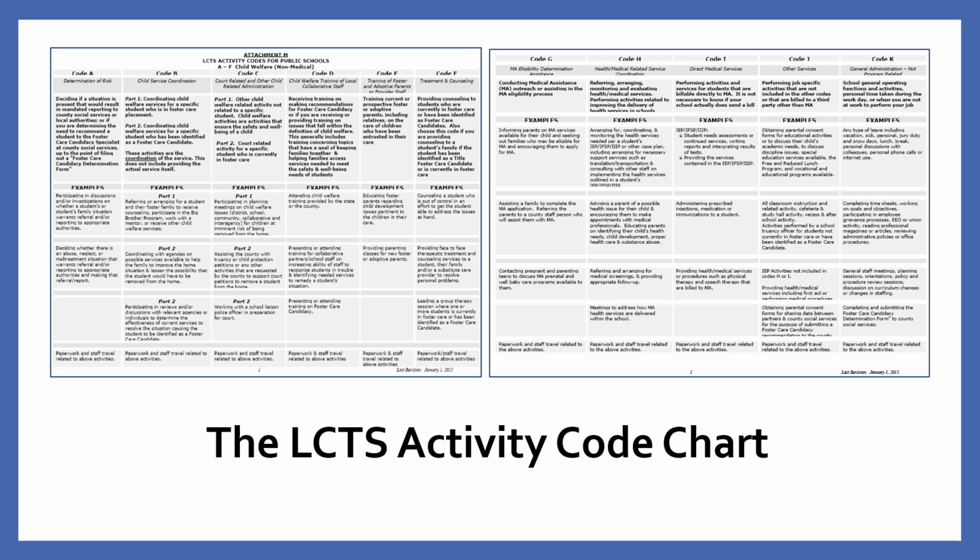All of the resources can be found on the Freeborn County Family Services and Children's Mental Health Collaborative website. The LCTS Activities Code Chart for public schools gives you a quick snapshot of all the codes A through K. I recommend printing it or bookmarking it for quick reference.